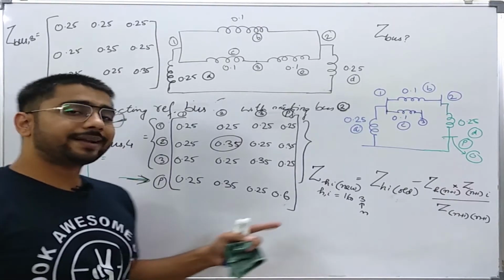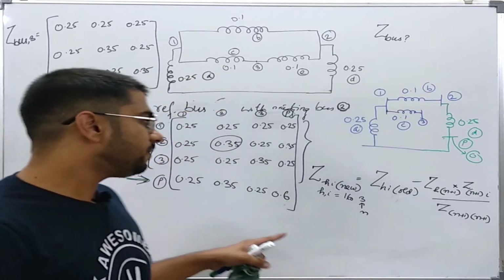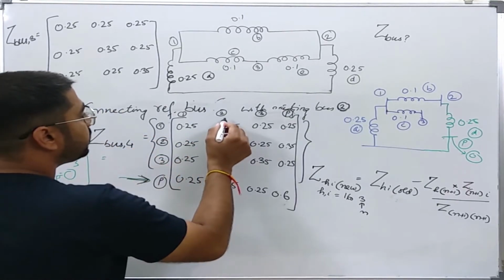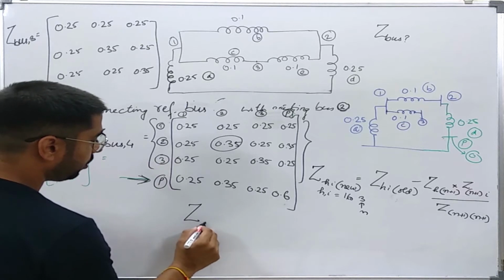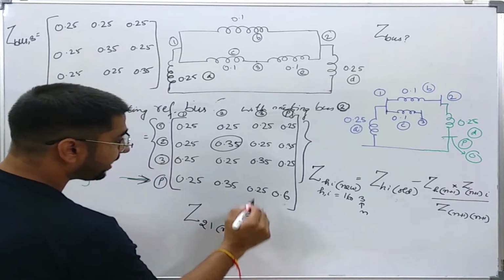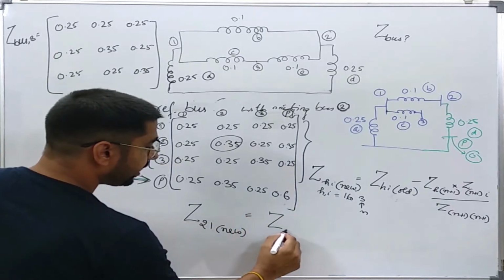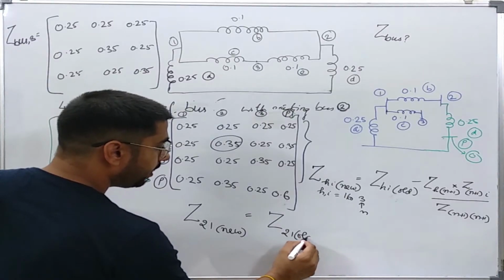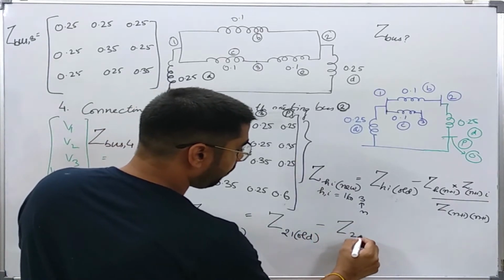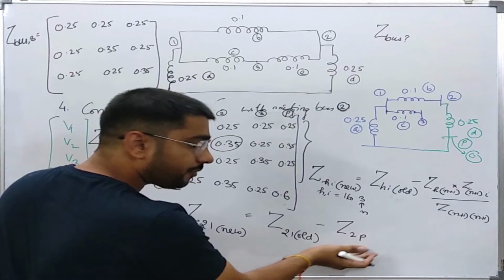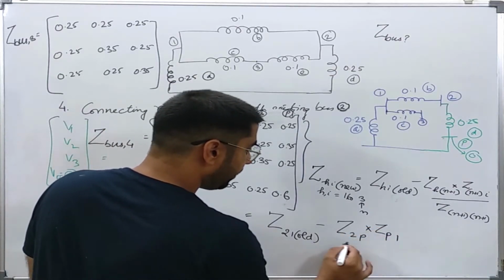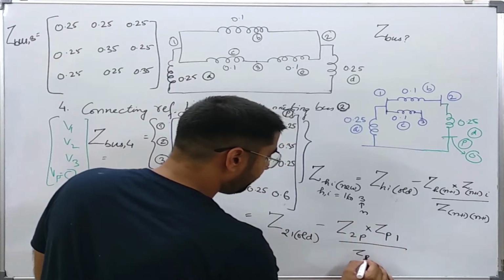Okay. So I will try to solve just one element. Like I want to find Z21 new. So I will take Z21 old minus Z2P, n plus 1 is here P or 4, into ZP1 divided by ZPP.